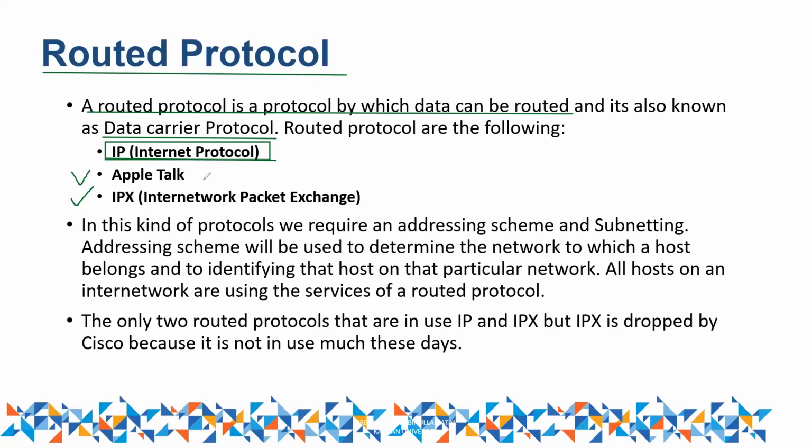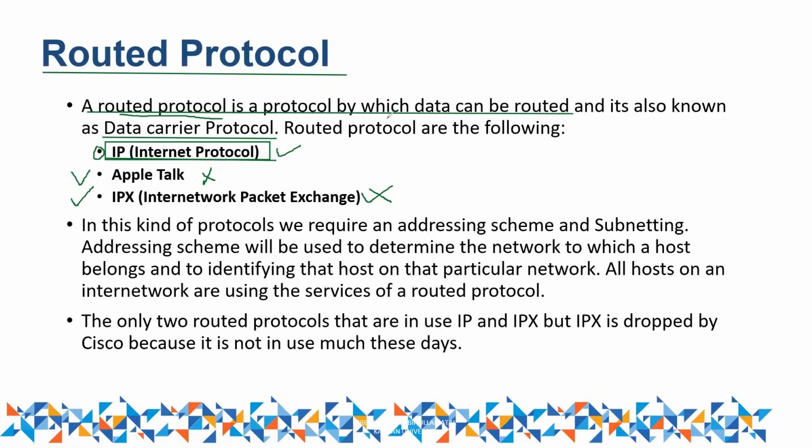But AppleTalk was only developed for Macintosh computers by Apple Corporation, so it has been phased out. IPX was developed by Cisco for packet exchange purposes, but it is also parked, totally parked by Cisco. So the only protocol which is still in use is IP, Internet Protocol. It means we have only one protocol responsible for carrying the data in the network, the IP protocol.